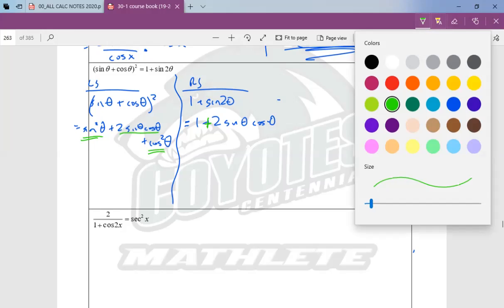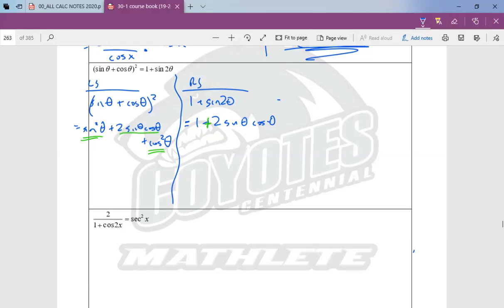Well, that is our Pythagorean identity. Sine squared plus cos squared is equal to 1. And so therefore, that's my next step. Let's call those parts 1. Let's leave the 2 sine theta cos theta alone. And now this is equal to the right side. Therefore, LS equals RS, and we're done.